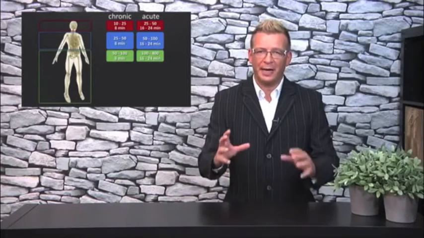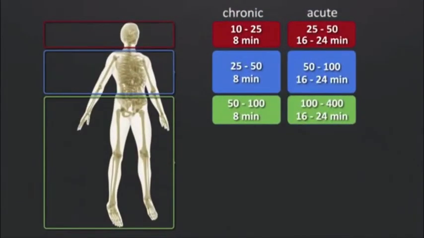For the head neck area, if you suffer from something chronic, so that's an older issue, you start with the pillow or the probe in the head neck area with a slight intensity, sneaking it in with intensity 10, probably 25, for 8 minutes. In the same situation with a chronic disease in the thoracic abdominal area, you can already increase the intensity from 25 to 50, also 8 minutes.